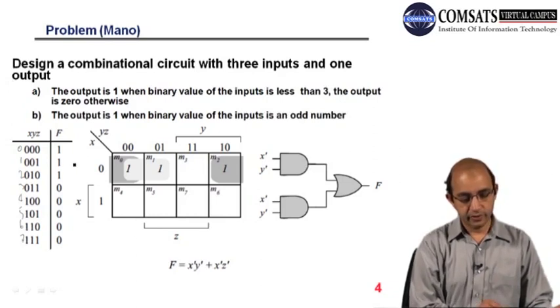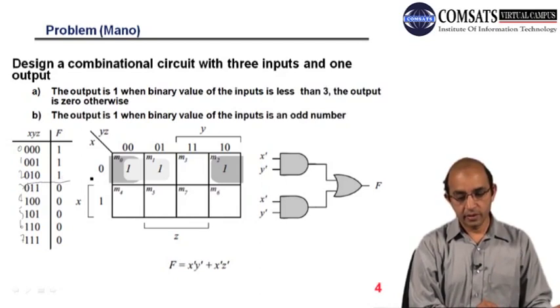Whenever the input is less than 3, the output is high. So you can see that we have 1, 1, 1, but after 3 we have 0.